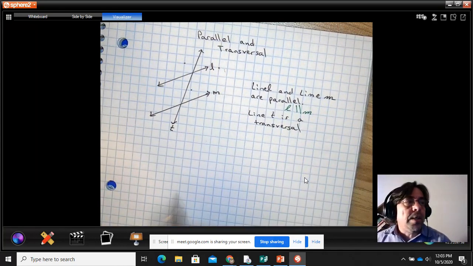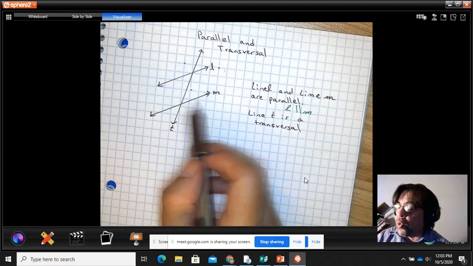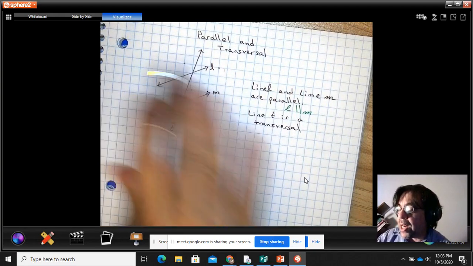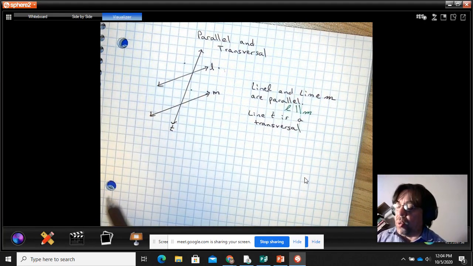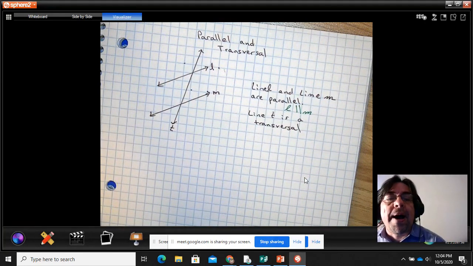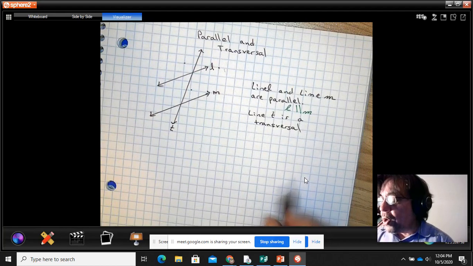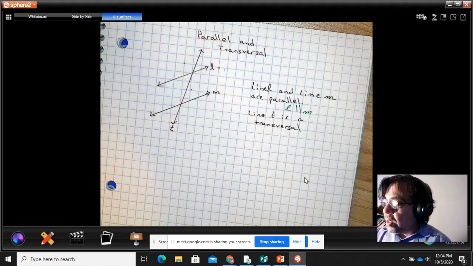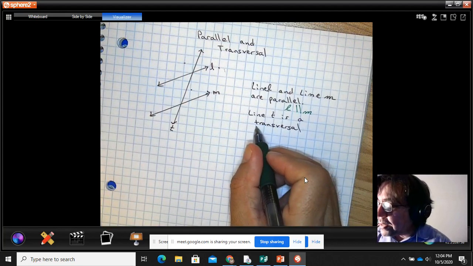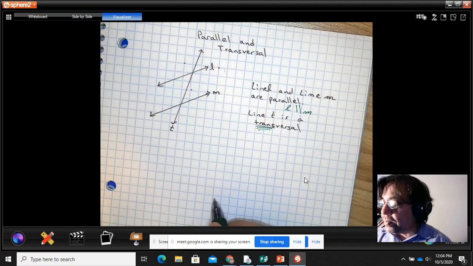Well, what does it mean that it's a transversal? Just like we did on the first week's assignments, just by looking at it, if line T is the transversal, what do you think transversal might mean? Go and pause for a few seconds and think about that. What do you all think? The word trans means to cross.